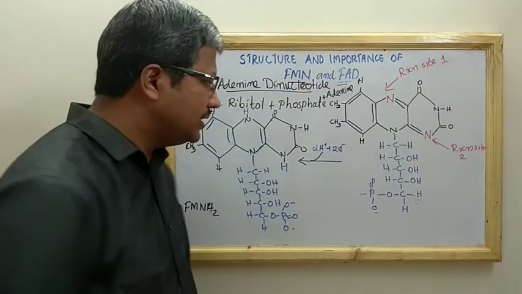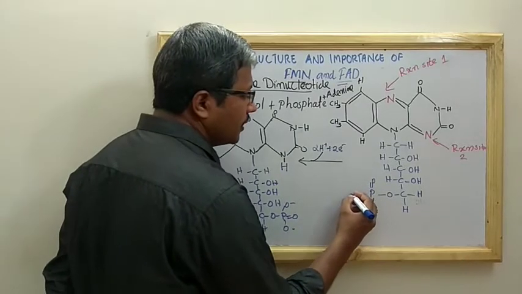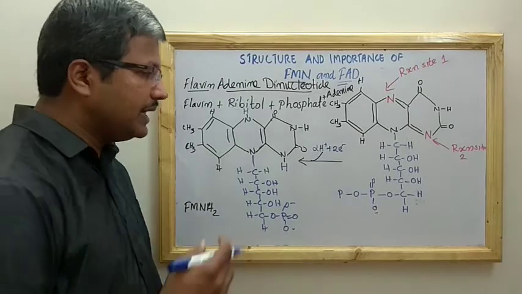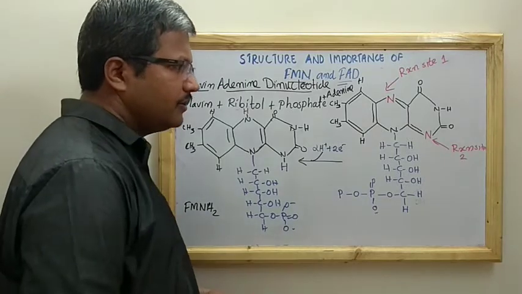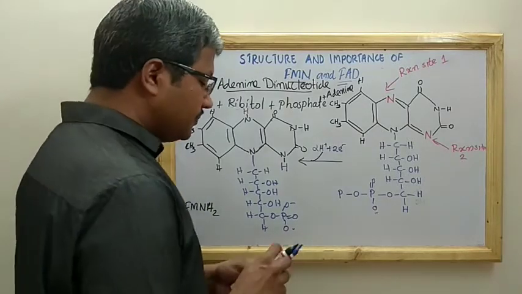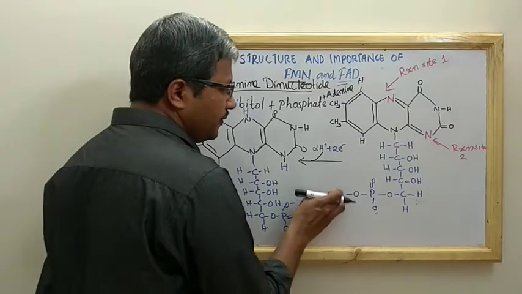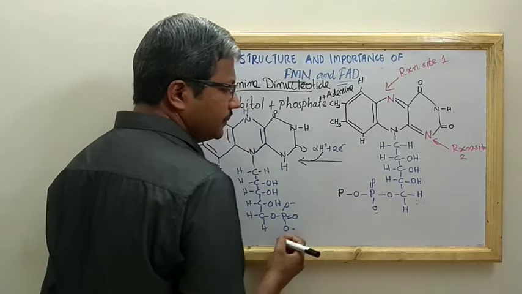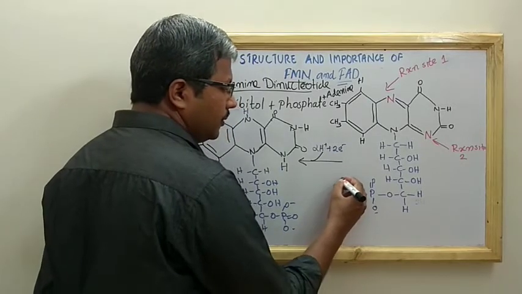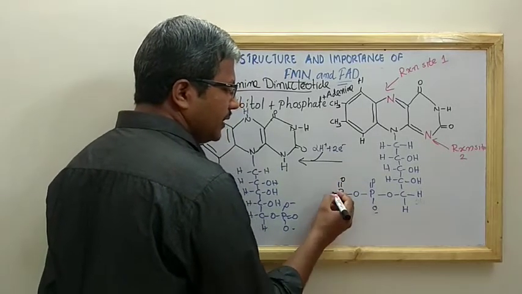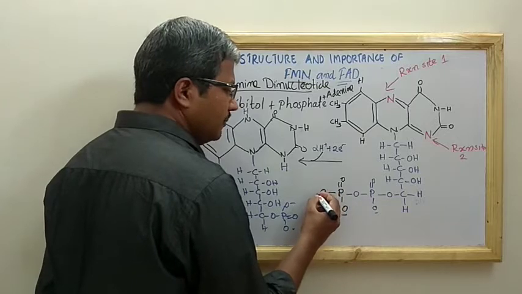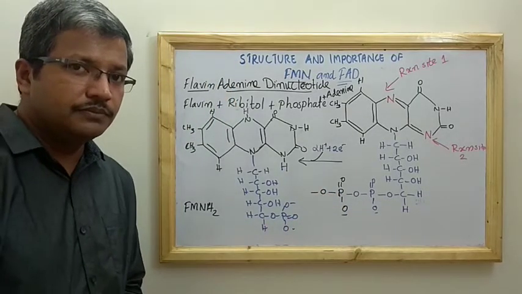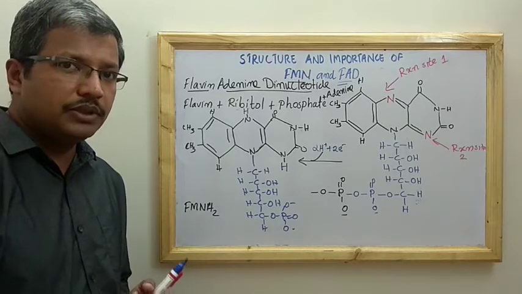Adenine nucleotide. So phosphate group of adenine nucleotide should be attached there. Clear? So I'm just making the phosphate group of adenine nucleotide with the P, black in color. So double bond O, O minus, and this O will be linked with the ribose sugar.